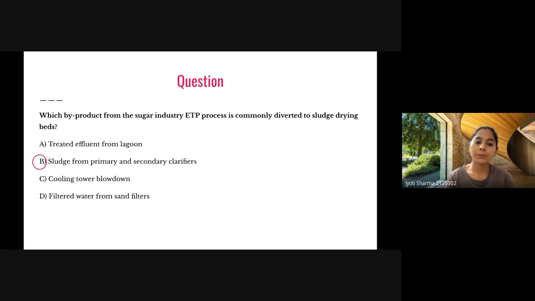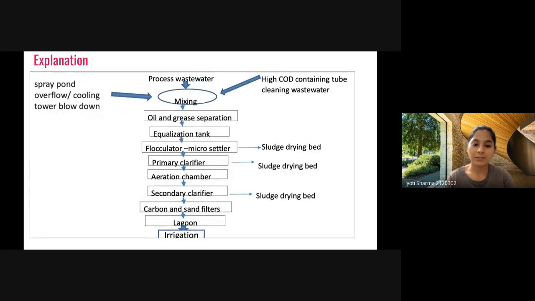So yes, as we already have discussed, whenever there is sludge, sludge will be produced after the flocculation and microsettler, after the primary clarifier, and after this one. So whenever we have sludge, that sludge will be diverted to drying beds. We already understood last week what a drying bed is, and the different methods by which we can manage this sludge.